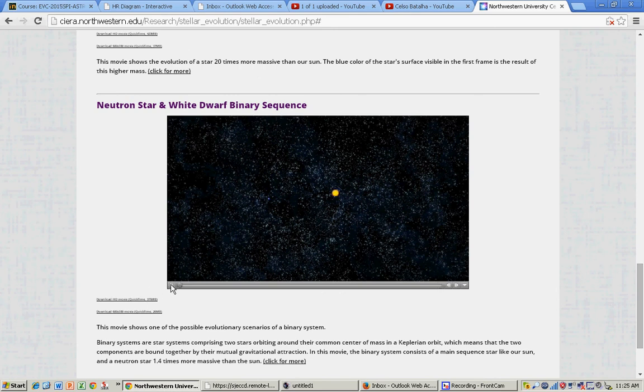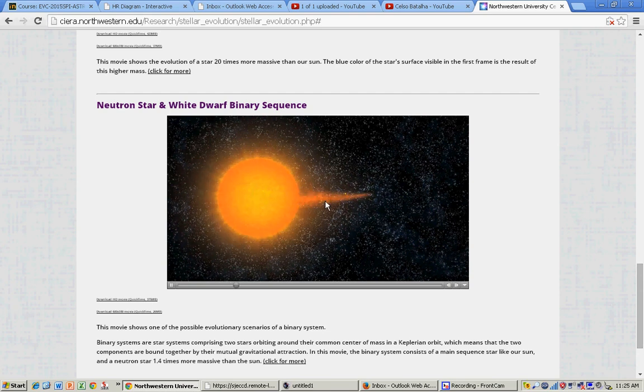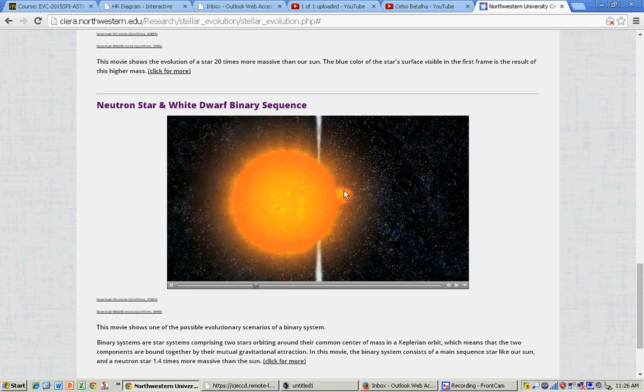This is a compact system. You have a white dwarf and a star that is also a main sequence. So it's a binary system, right? A compact object and an expanding now main sequence. Now this guy is going through evolutionary sequence, and if they are close by, mass transfer occurs to the primary, which is a compact object.